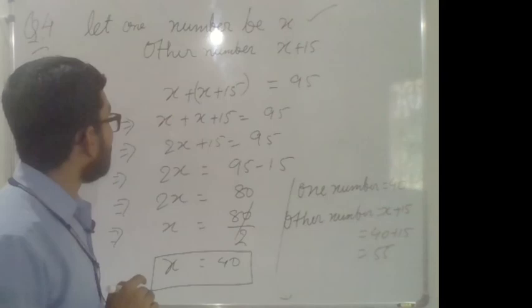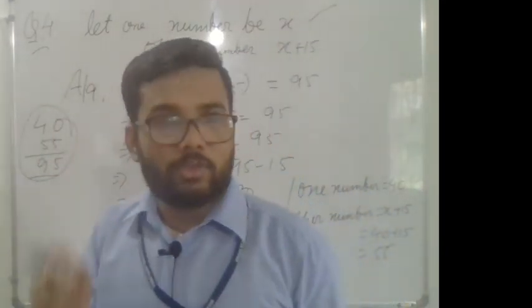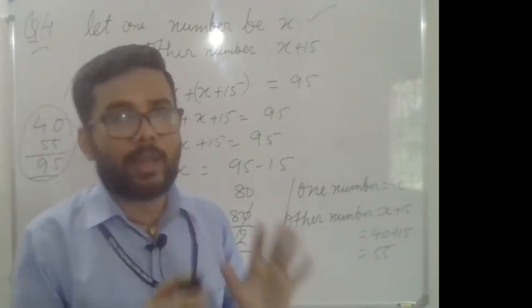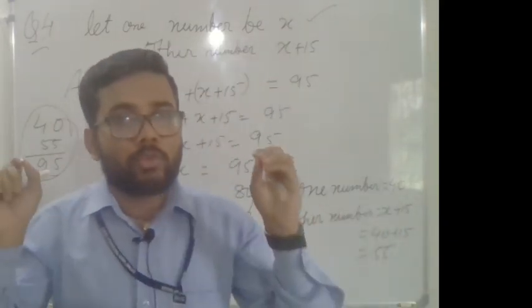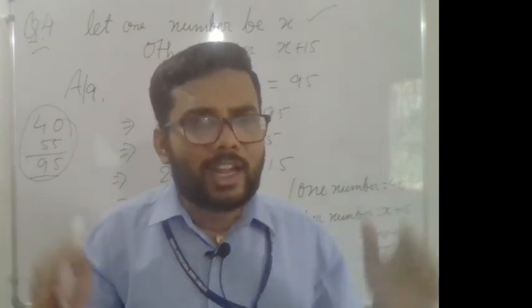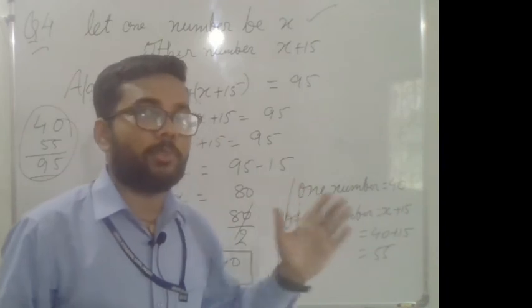So on the basis of these two examples, you can solve all the questions of exercise 2.2. All the questions are word problems, application based. Just keep one thing in your mind: read the questions first and try to understand them, and according to the question you can proceed.